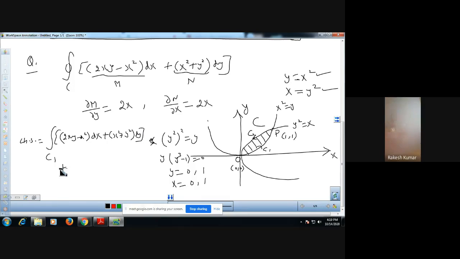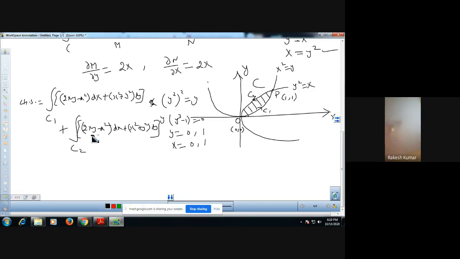We are going to split the left hand side into two integrals, over C1 and over C2, each of 2xy minus x square into dx plus x square plus y square into dy. So this is your left hand side. First we shall evaluate the left hand side, then we shall find out the value of the right hand side, and we will see that both sides are the same.